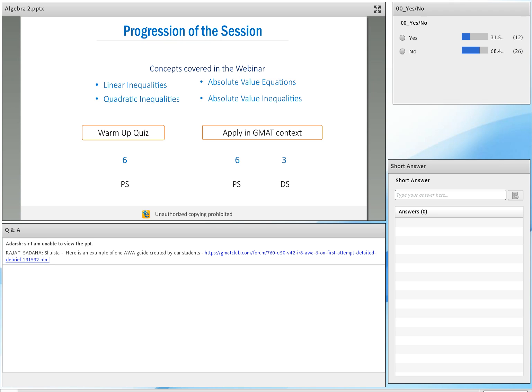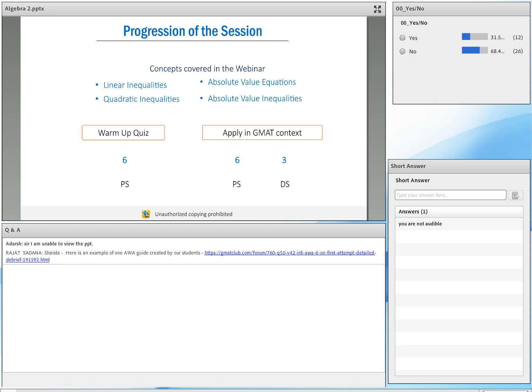The questions in the warm-up quiz may not be exactly GMAT style questions, but after giving you feedback on your basic understanding of the different concepts you are supposed to have, we'll start solving GMAT-like questions. We're going to be solving 6 problem solving questions and 3 data sufficiency questions.